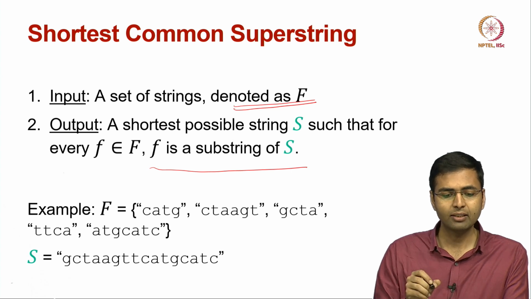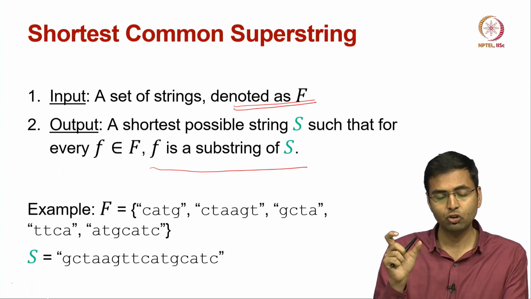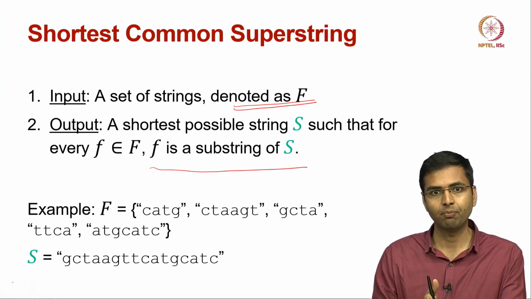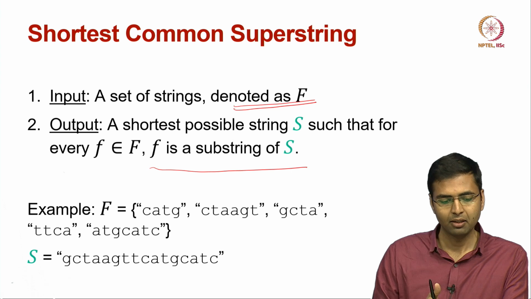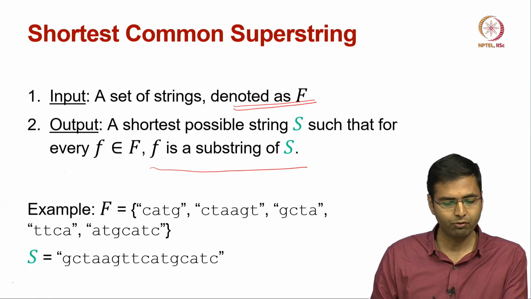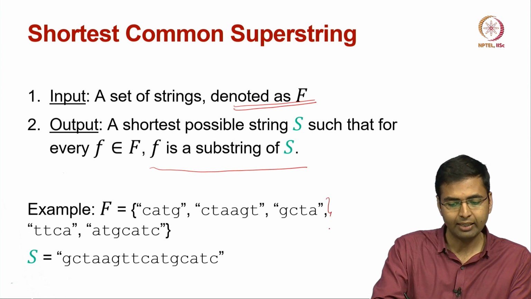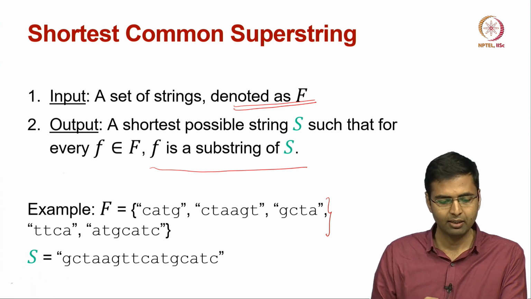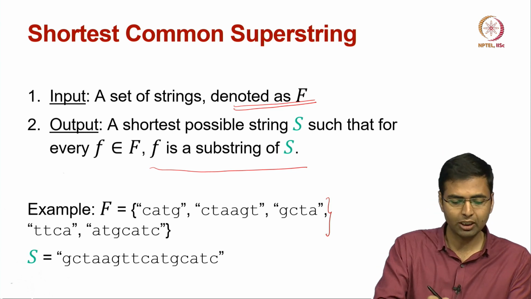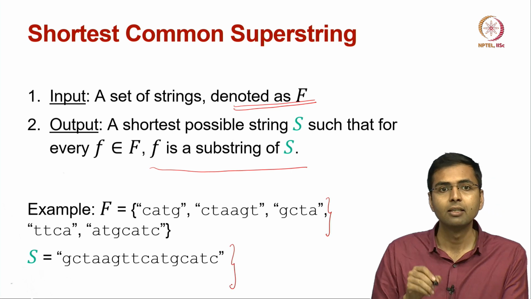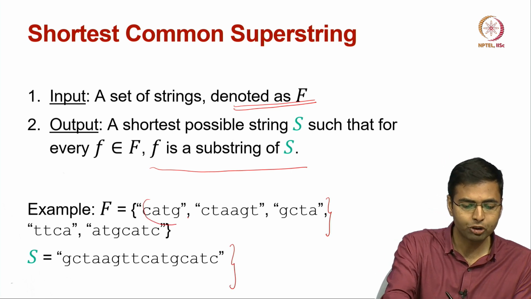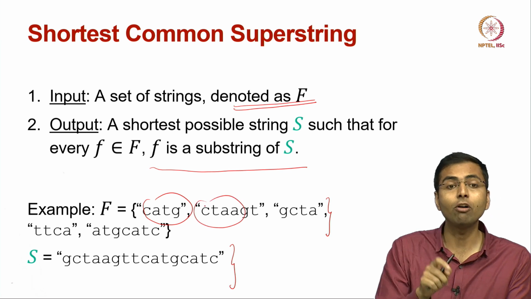So, in other words we are looking for a shortest string s such that every string f in my collection is a substring of s. So, an example is shown below. For example, let us say you are given a set of 5 strings as input, then as output I am looking for the shortest string s such that every one of my input strings is a substring of s.